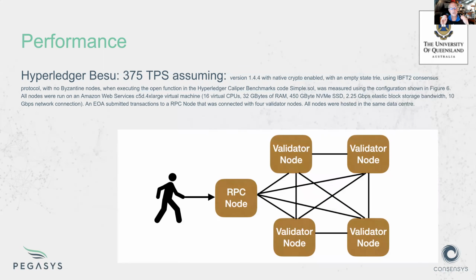So we got a baseline for Hyperledger Besu, which is an Ethereum client written in Java. Using this configuration here, we were able to get 375 transactions per second for just single blockchain transactions.